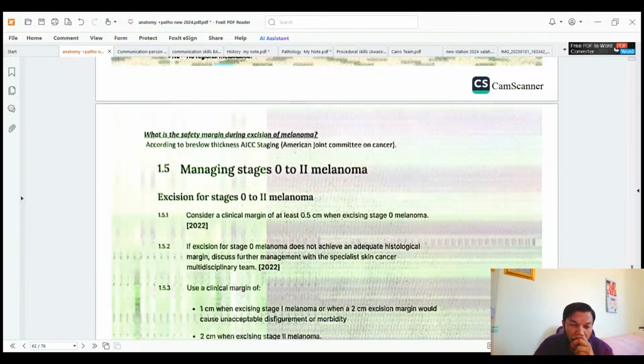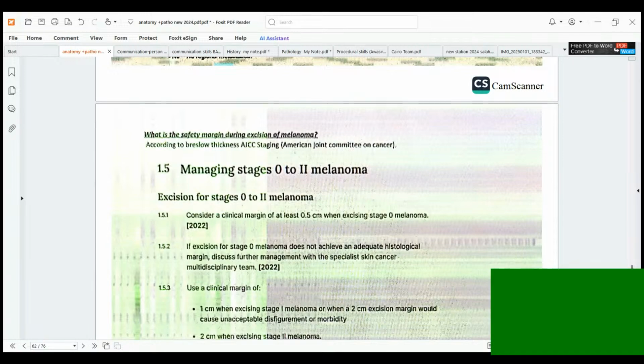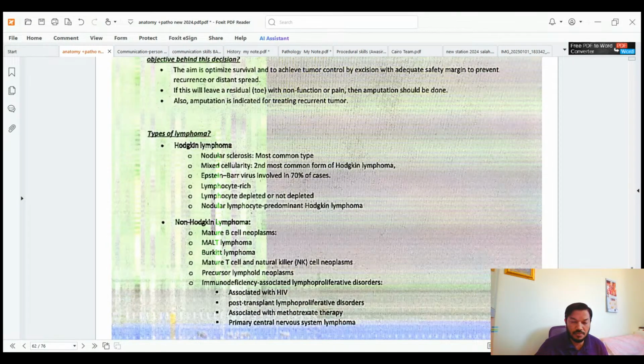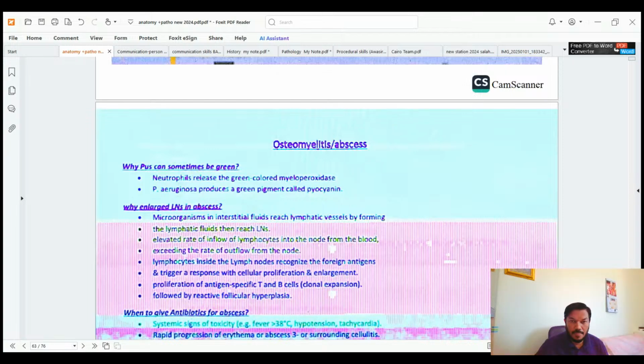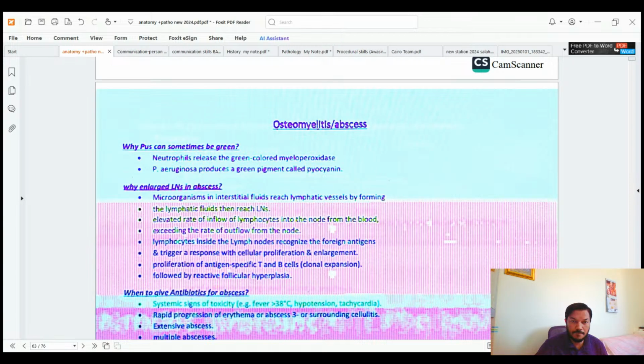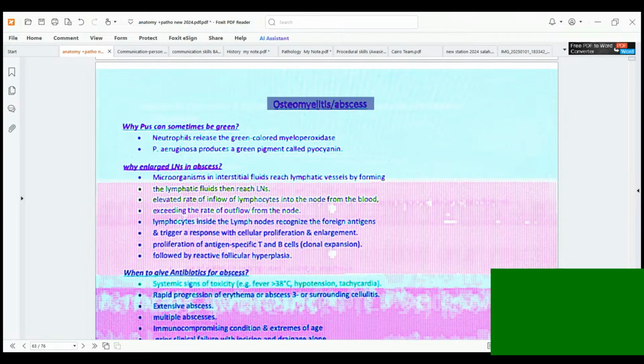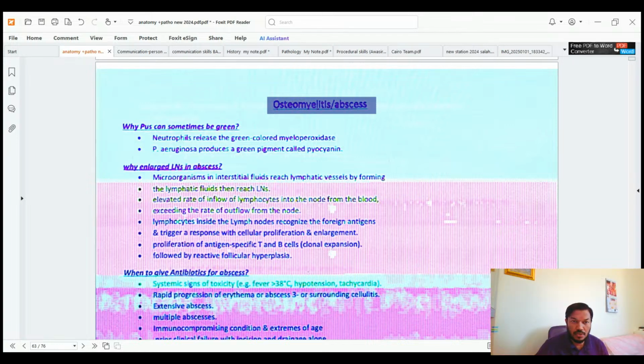Very complicated. Excision of osteomyelitis and abscess. Pus can sometimes be green.